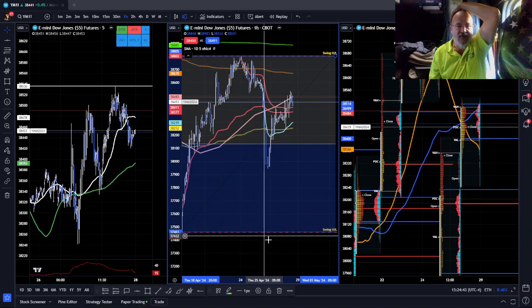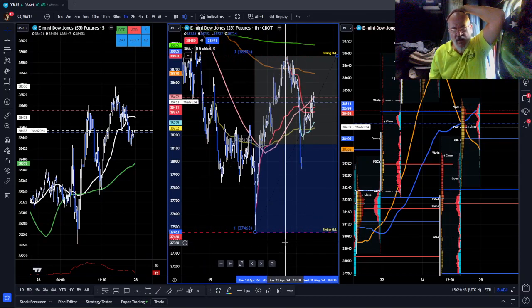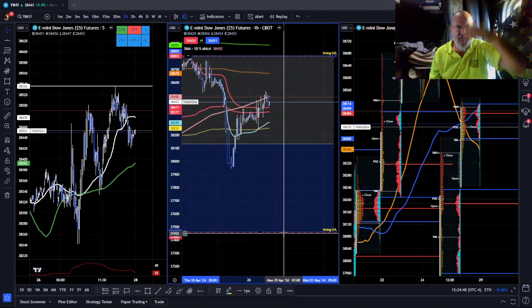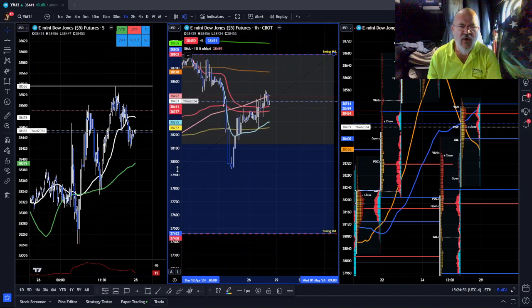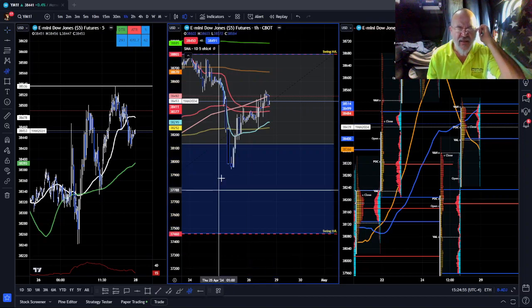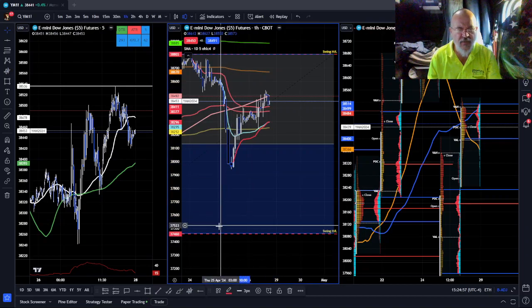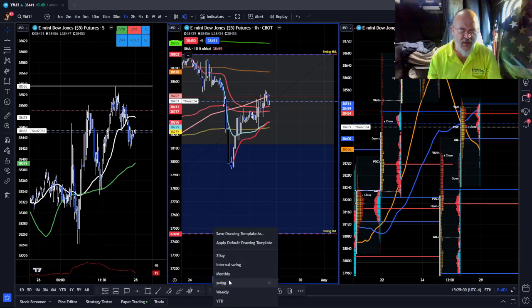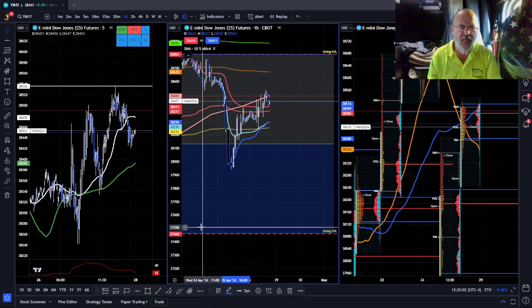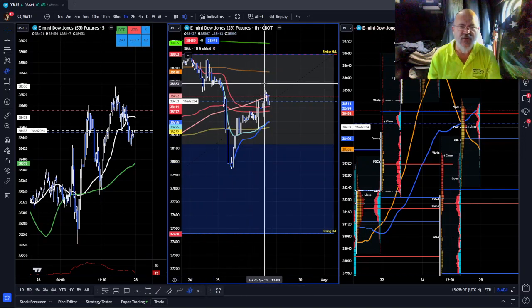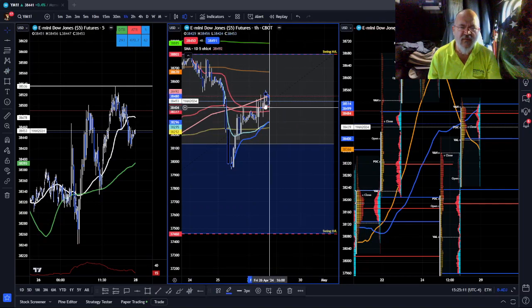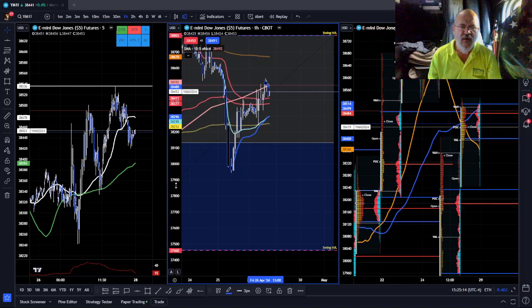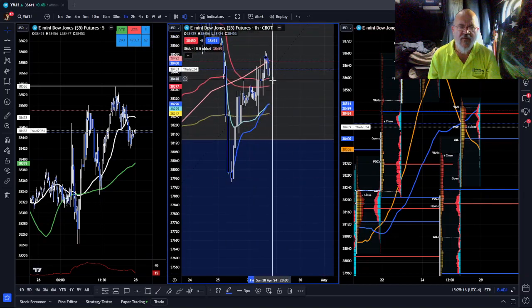All right, so internal swing highs and lows. Right now, my internal structure, we have a low here, and I have a template for internal swings, which is the dark blue line, and our internal swing high right now is here, as we have had a little bit of a pullback on Friday.